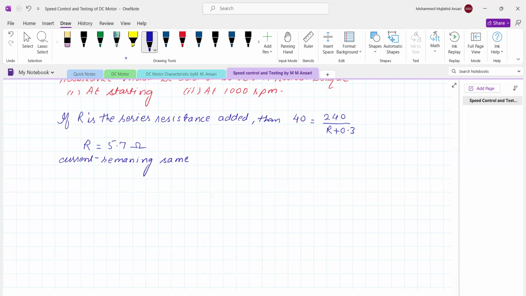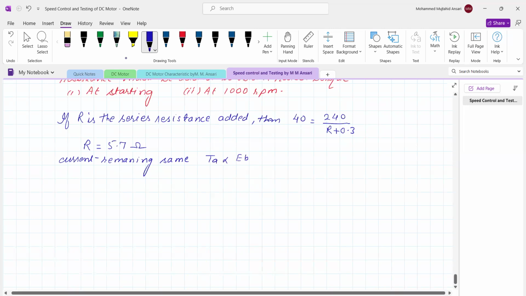We can say that torque is directly proportional to back EMF divided by speed. So we can write EB1 upon N1 is equal to EB2 upon N2.